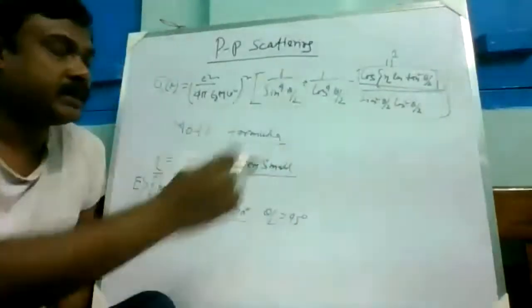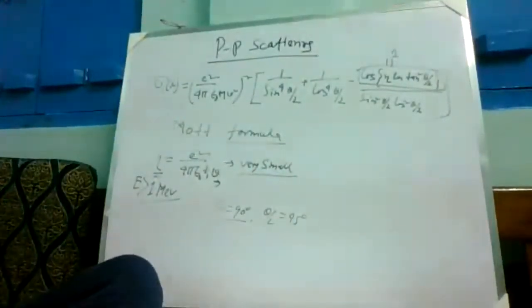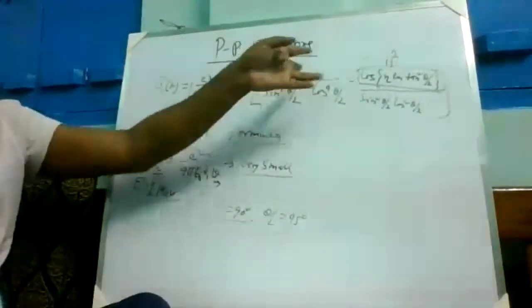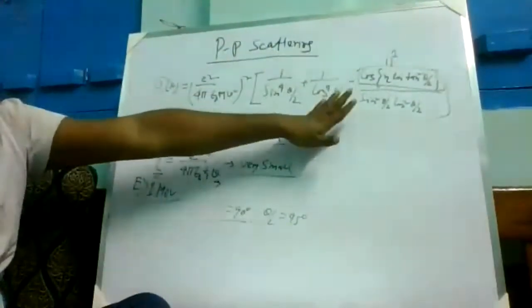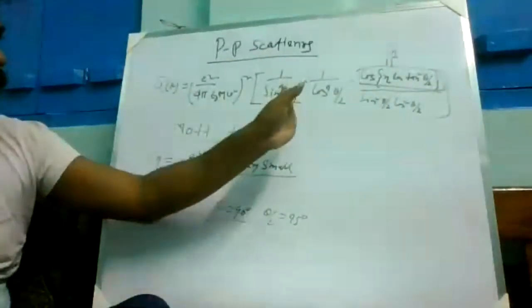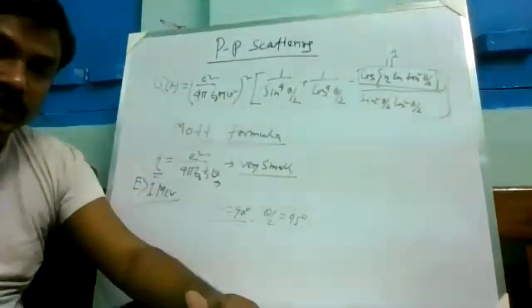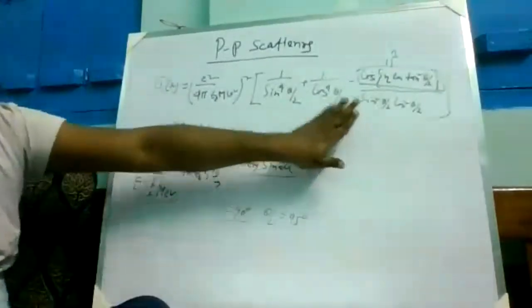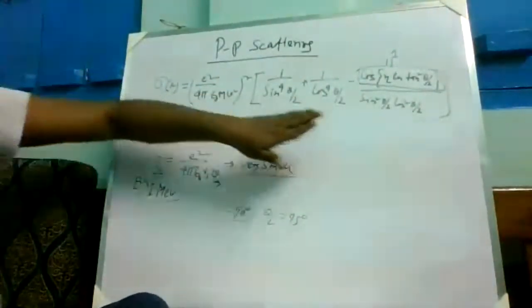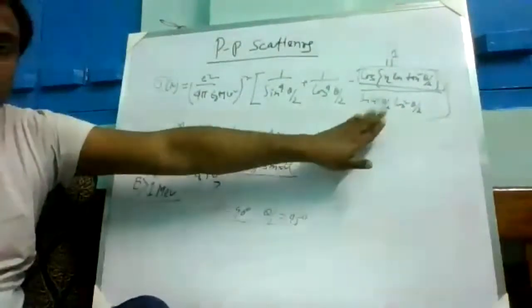If you place this thing, then you see that this will be 1 by root 2 to the power 4, means 2 square 4 plus 4 is 8, but this will be also 4. So 4 will be subtracted. So without this term, this would have been 8 times this, but with this term, this will be 4 times.